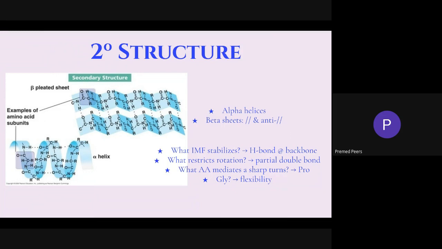When we talk about the backbone, it's usually just referring to the amino group, either the lone pair on that nitrogen or the hydrogen that is connected to the nitrogen. And that hydrogen could be a hydrogen donor interacting with the lone pair of the carbonyl oxygen.